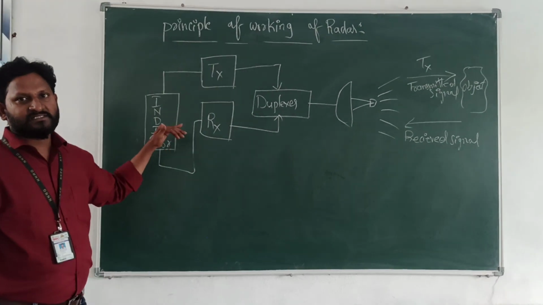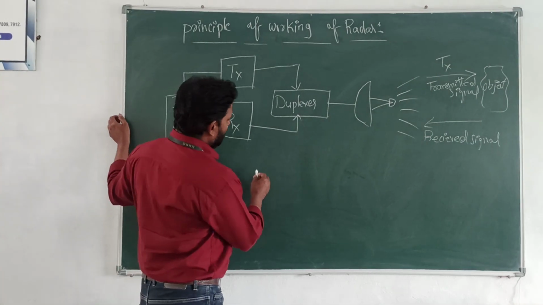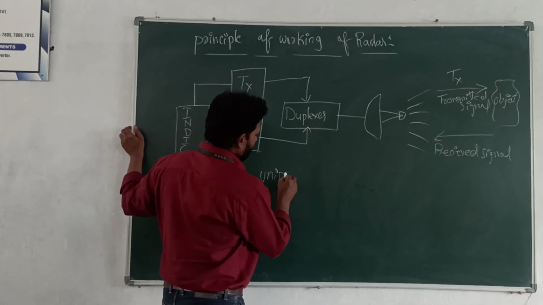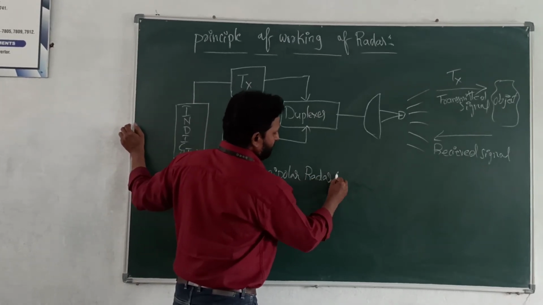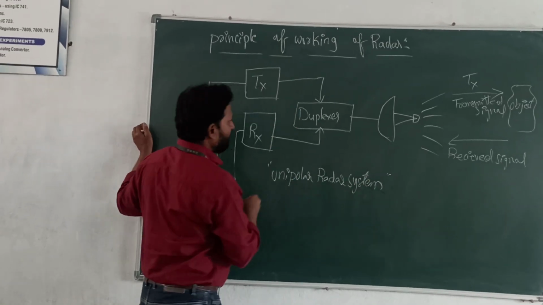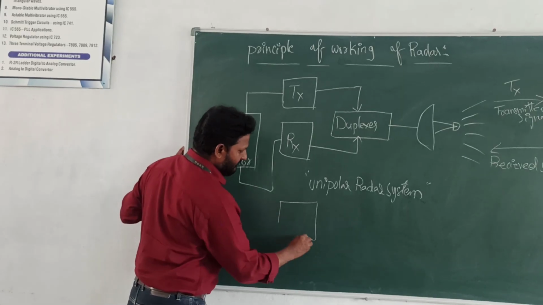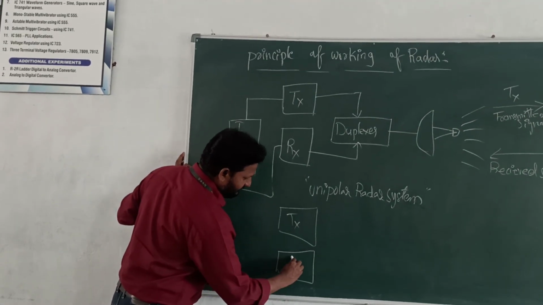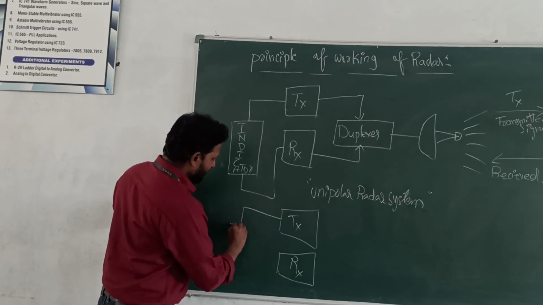Another type of radar system we have. The system just described is called a unipolar radar system. Similarly, we have a bipolar radar system. In that we have a transmitter as well as a receiver, RX, and it is also connected to the indicator.